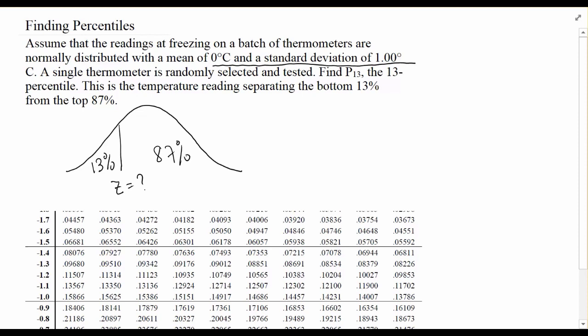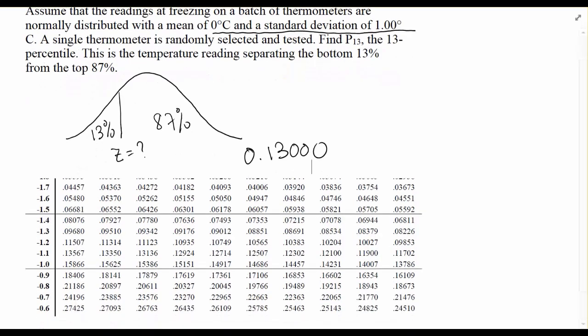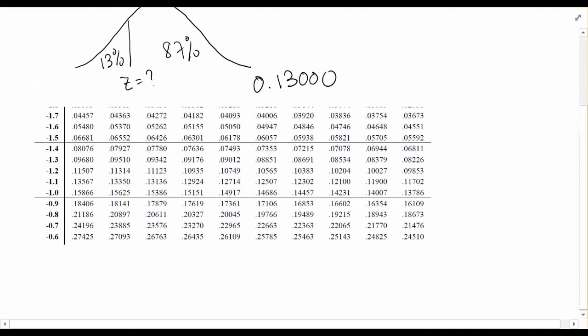What's that threshold going to be? As far as our table, we're going to be looking for having 13% less than us, or 0.13000 in the table.